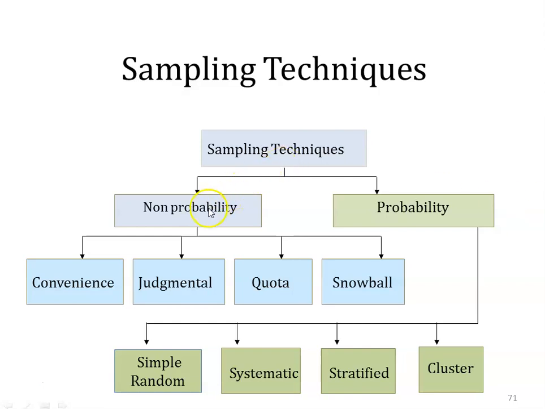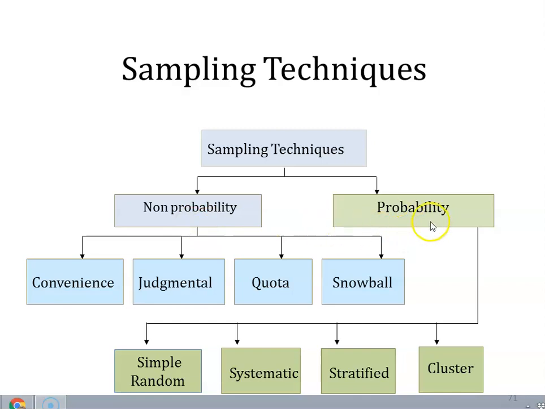There are two main types of sampling techniques, non-probability and probability. Non-probability sampling is a kind of sampling where the probability of an individual in a population to be included in your sample is not possible to be determined and is not the same as the probability of another person in the population to be included in your sample.